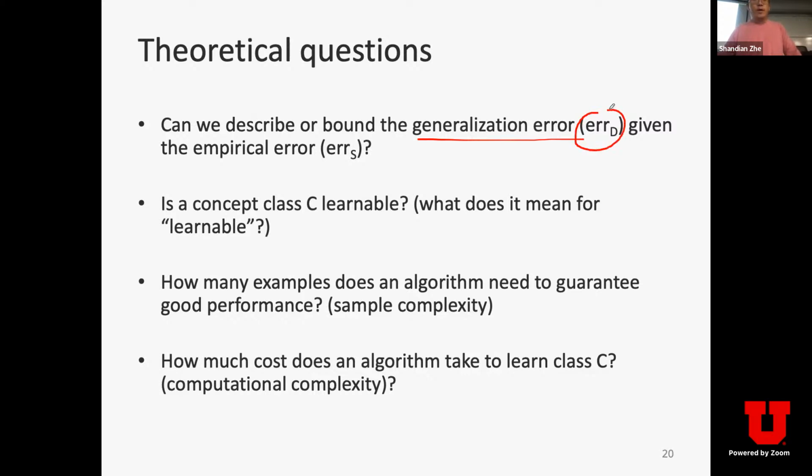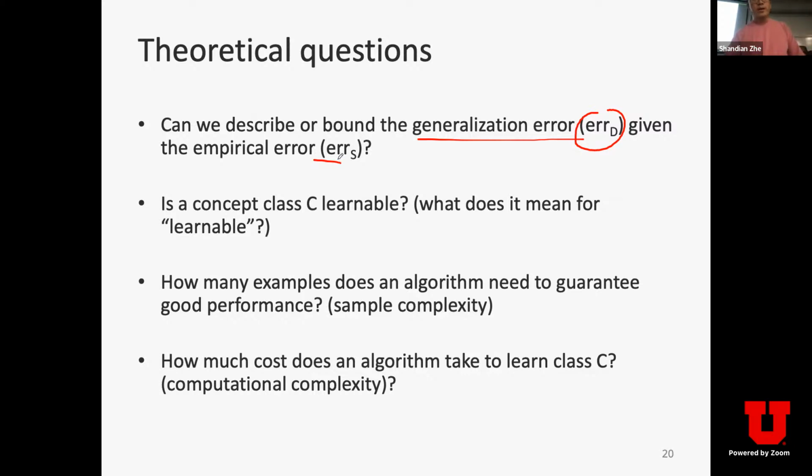But the empirical error is not very stable because it varies with the training set. It depends on which particular set of training data you draw from the distribution to train a model. But it's relatively straightforward to calculate. It's very easy to evaluate how your particular hypothesis H performs on this set of training examples.